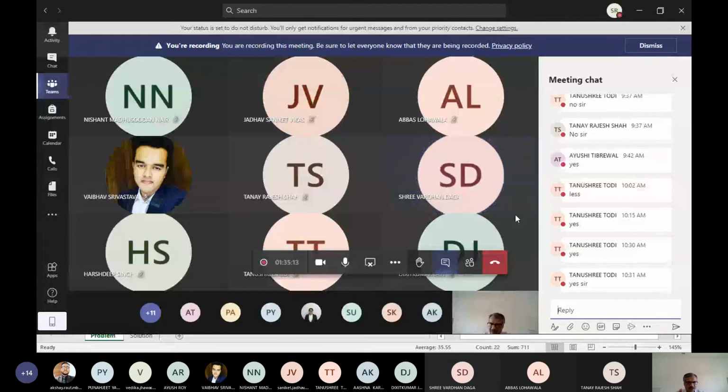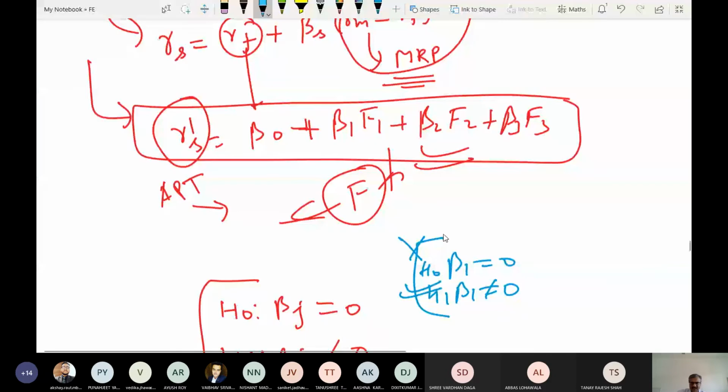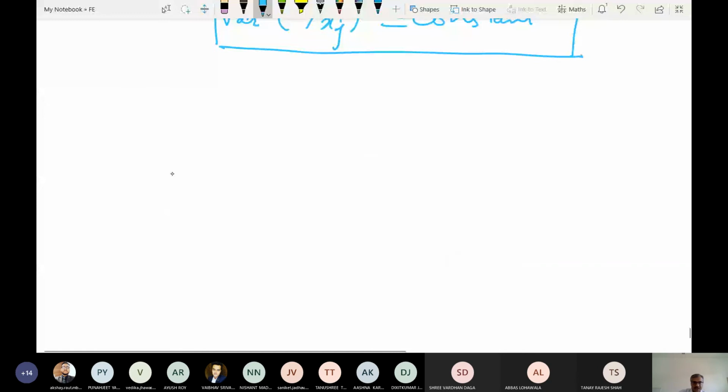But I'll try to explain conceptually, which fits the bill right now. When we are running the OLS, the optimum least square method, we were calculating the value of SE, as somebody was asking. You remember when we were doing the F test and the T test?